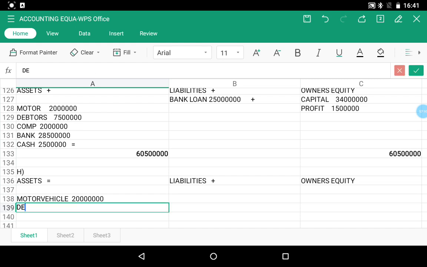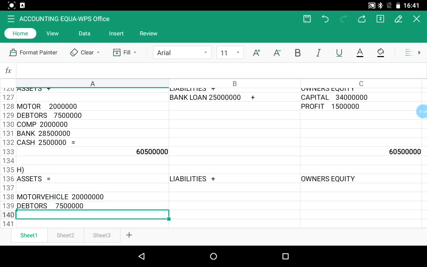We have debtors. They have not yet paid us, so we still have them in our business, 7,500,000. Then we have our computer worth 2 million.